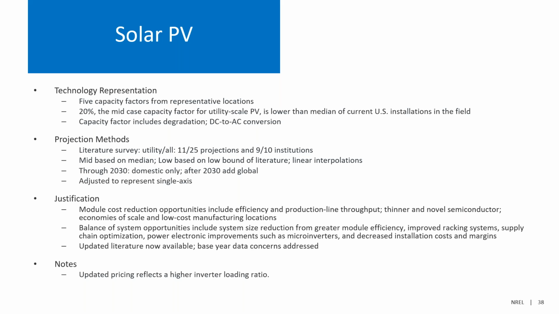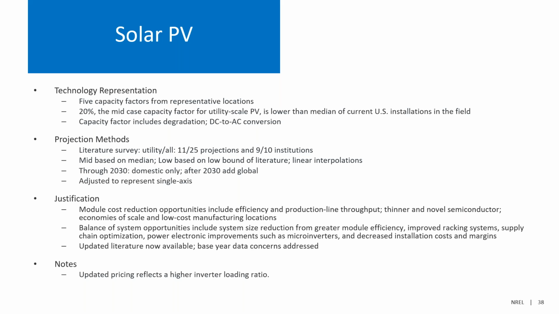We also only use domestic projections, so projections for what will happen in the U.S., through 2030. Afterwards we include global projections, because currently there are reasons that the U.S. market is above the global average, and by global I don't mean just the developed countries.